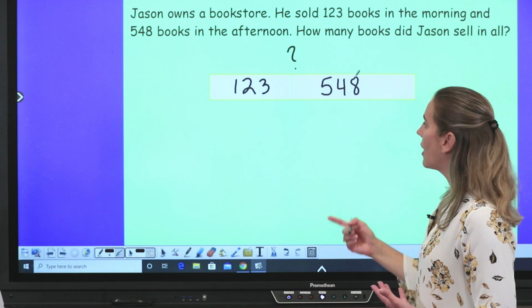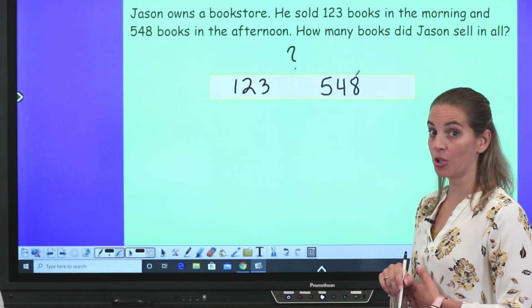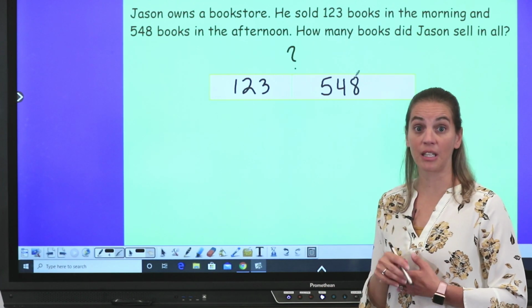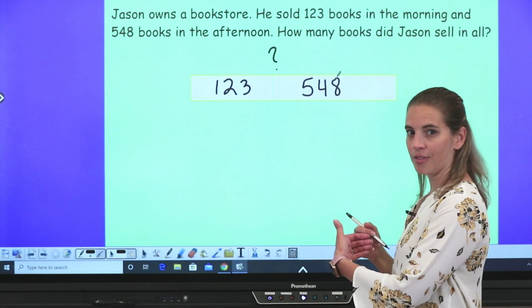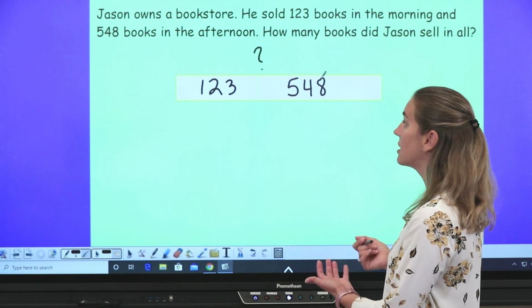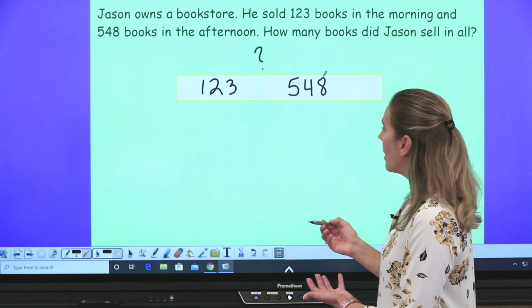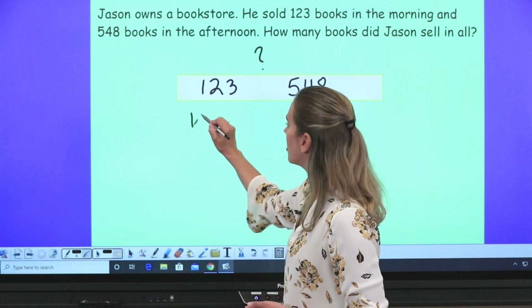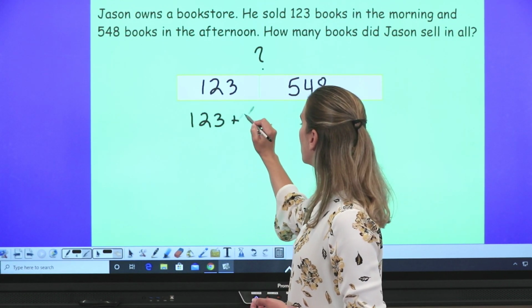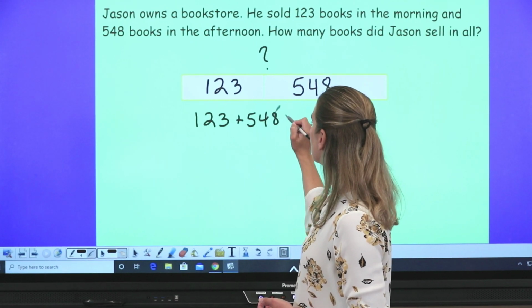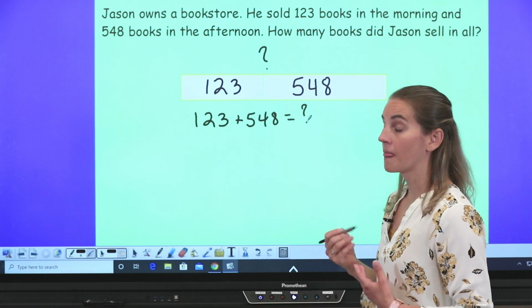So I know that if I add 123 books from the morning and 548 books in the afternoon together, that will tell me the total number of books that he sold. So I'm going to solve this equation, 123 plus 548, to get my unknown number.